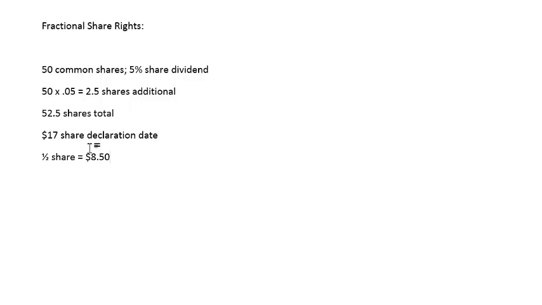So you would get an extra 2 shares, and the value of that would be $34, right? $17 a share times 2 extra shares, plus you'd get an extra $8.50.